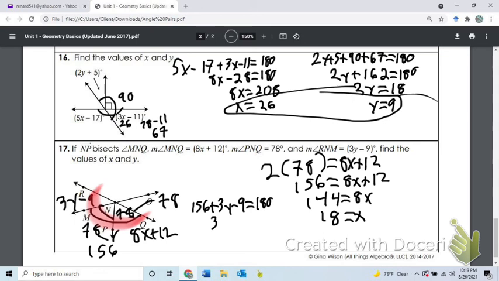We know all the parts of it, so we can add them all up together. Again, the angle addition postulate. Combine like terms. Subtract 147. And y equals 11. And that's it.